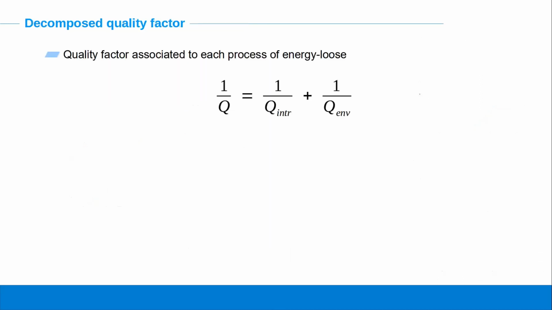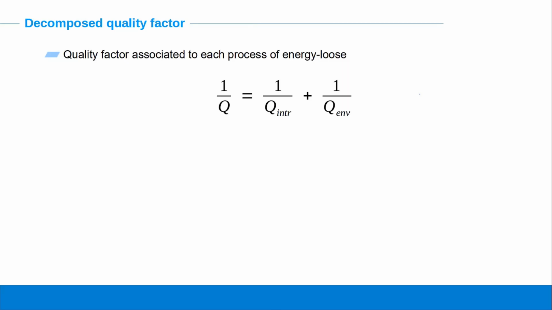And so to understand what that means, we remember that the quality factor corresponds to the ratio of energy stored to the energy lost per cycle. And so we can dissociate this quality factor to have one value associated with every process of energy loss.